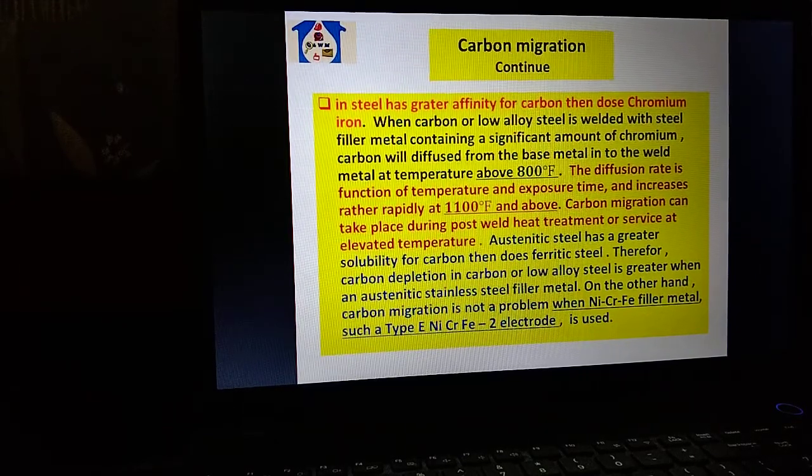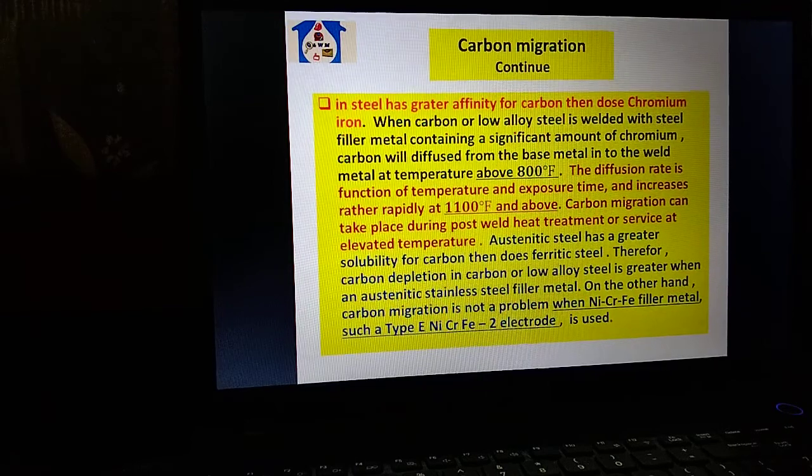Carbon migration. Carbon in steel has greater affinity for carbon than does chromium iron. When carbon or low alloy steel is welded with a filler metal containing a significant amount of chromium, carbon will diffuse from the base metal into the weld metal at temperatures above about 800 degrees Fahrenheit.